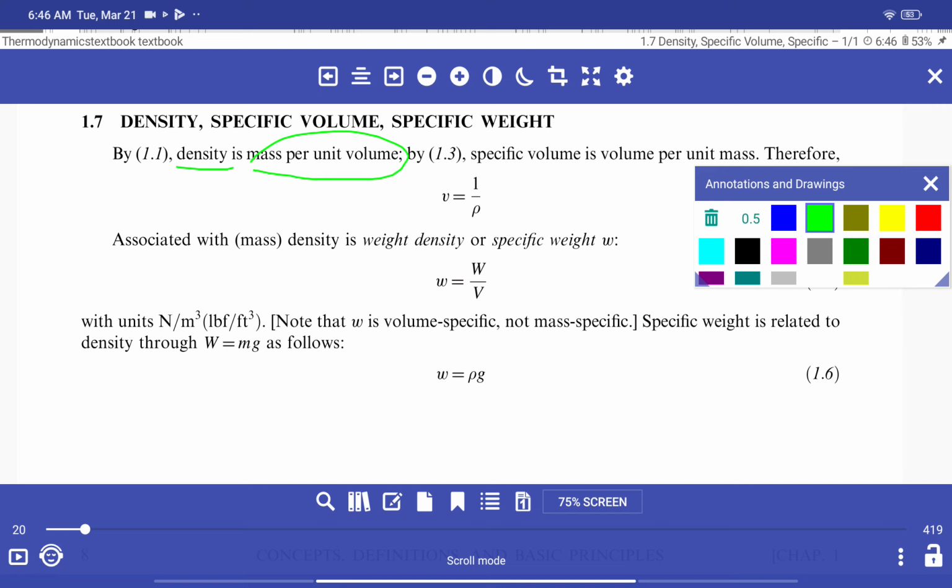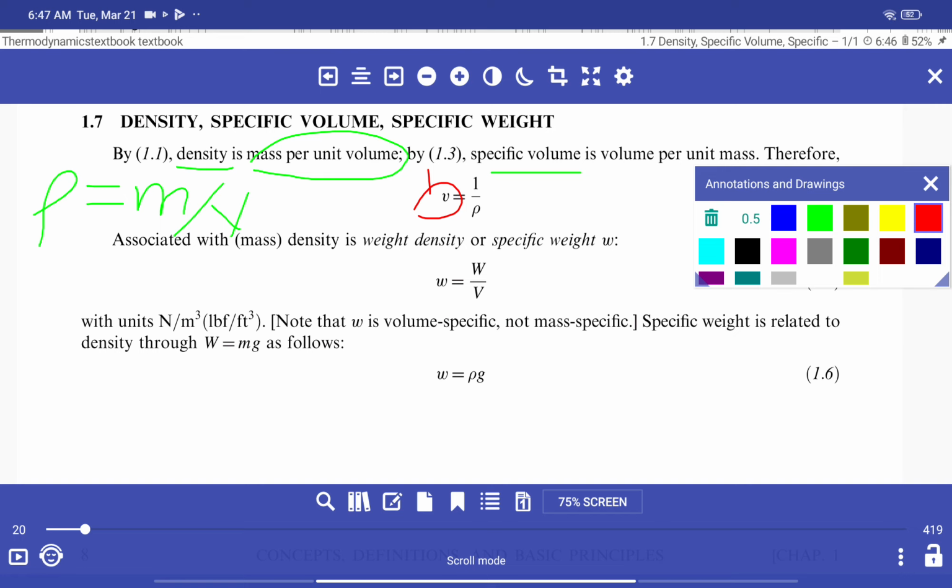That means if the symbol of density is like this, density is mass over volume, right? But sometimes density is expressed in a specific volume. Okay, specific volume, this is the symbol of specific volume, and this is volume per unit mass.